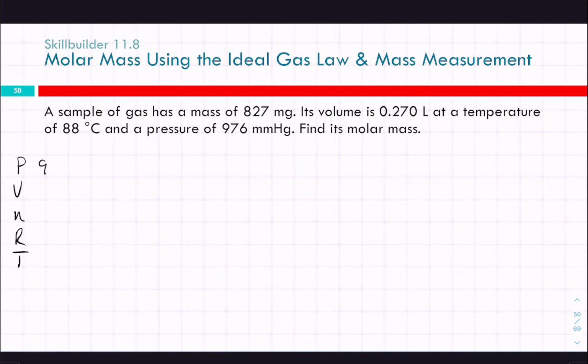Our pressure, 976 millimeters of mercury. Volume is 0.270 liters. Number of moles is what we're looking for. R is 0.0821 atmosphere liter per mole Kelvin, and then 88 degrees C.